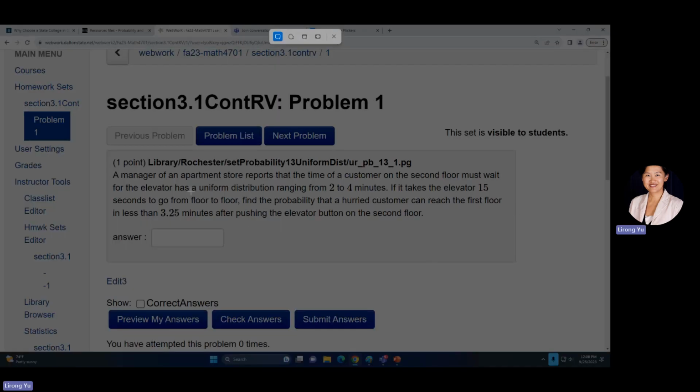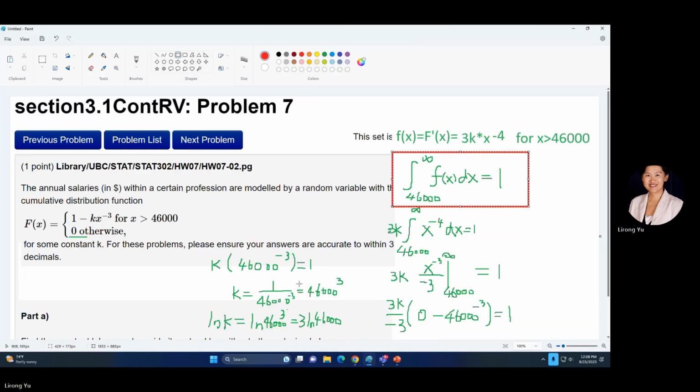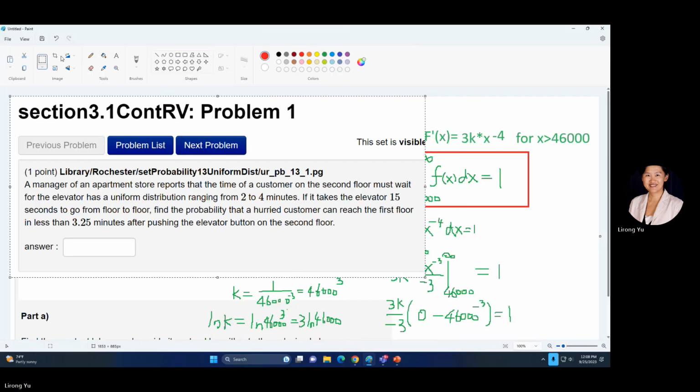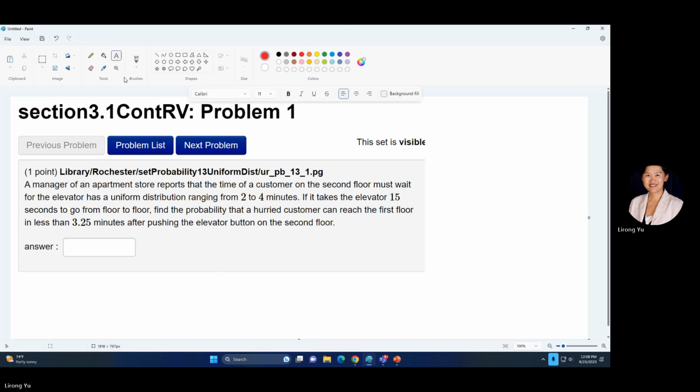Let's see if we're able to get it right. Basically, we're calculating probability, the random variable is waiting time. Reach the first floor in less than 3.25 minutes.